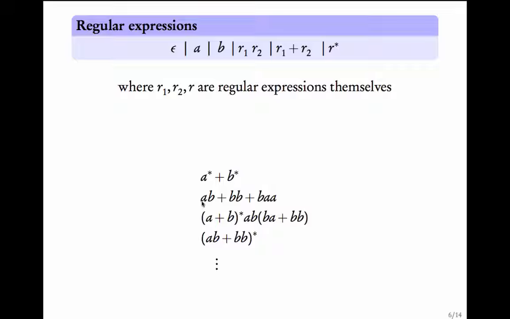Similarly, A is a regular expression, B is a regular expression, so the concatenation R1 R2, AB, is a regular expression. Similarly, BB is a regular expression, so you can add these two, R1 plus R2. This will be one regular expression. This will be yet another regular expression, so once again you can form the plus of these two, and so on.